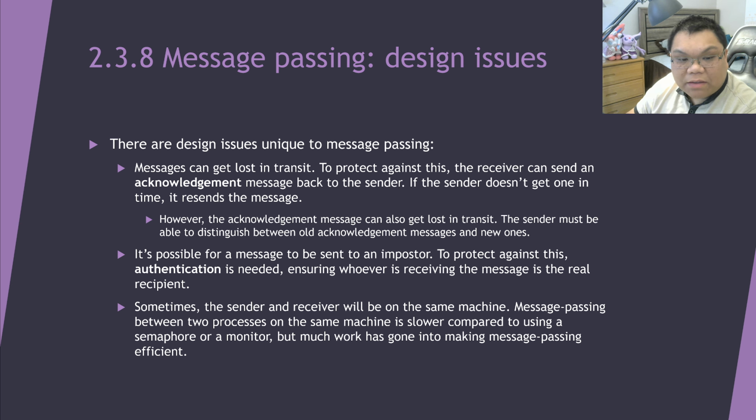And then sometimes the sender and receiver might be on the same machine. The thing about message passing is, if you have message passing between two processes on the same machine, it's going to be slower than if you had set up shared memory.